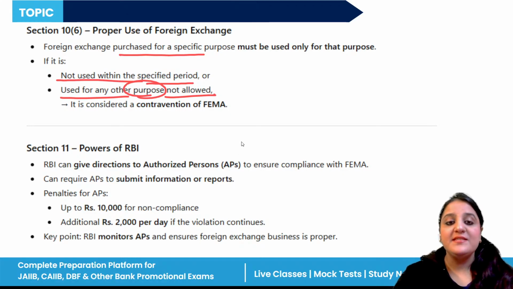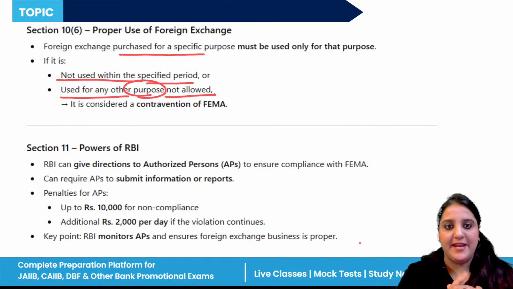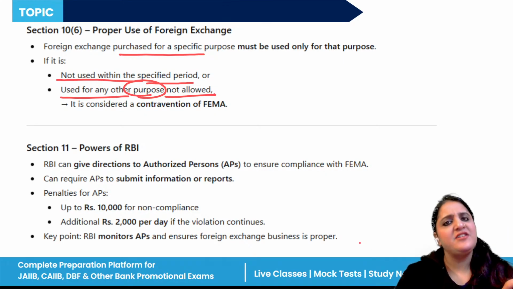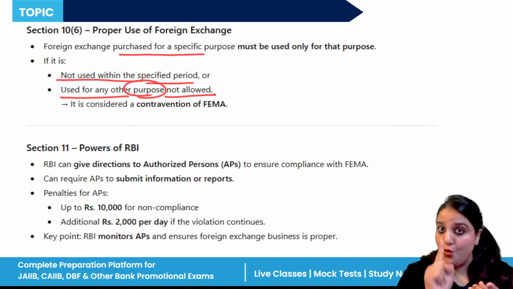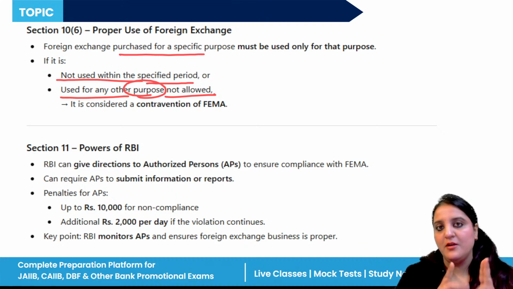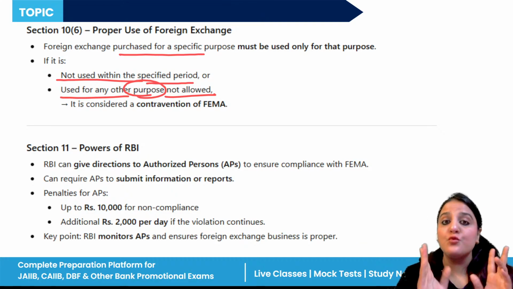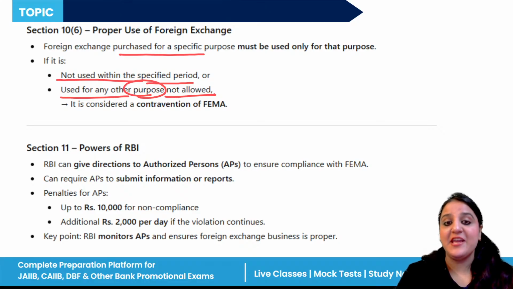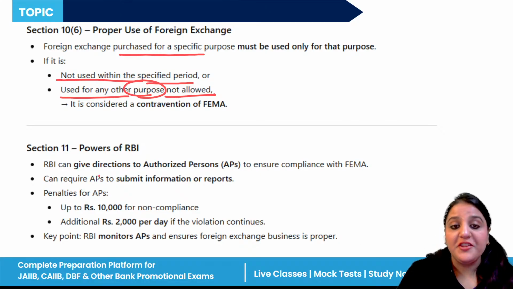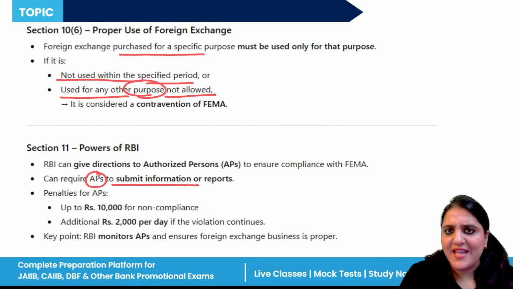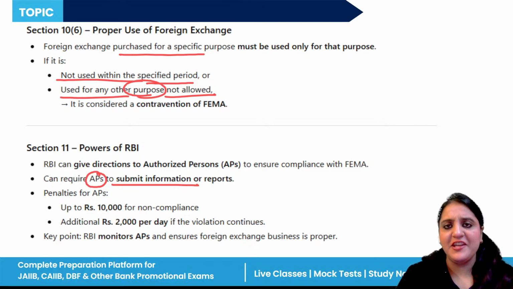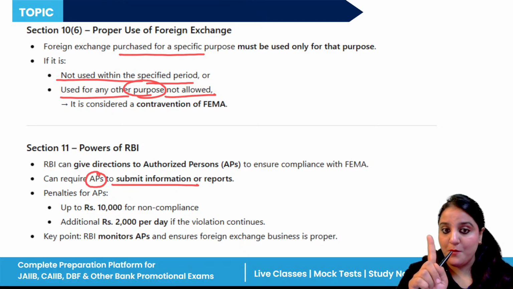Then we have section 11. Powers of the RBI. What can RBI do? RBI can direct authorized persons to follow the rules of FEMA, and can require them to submit information. And there are also penalties.